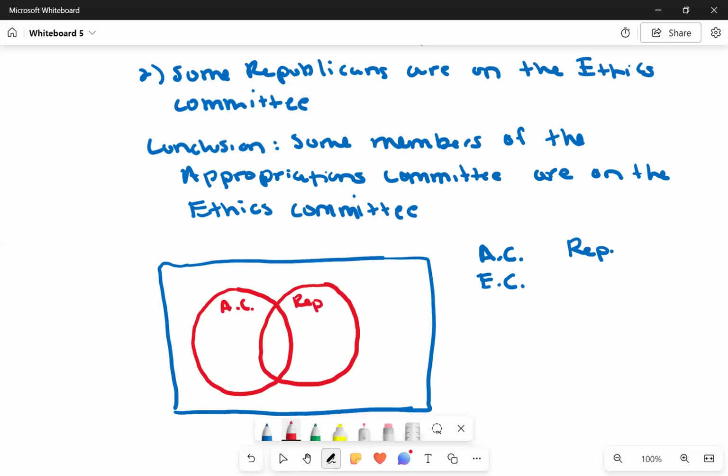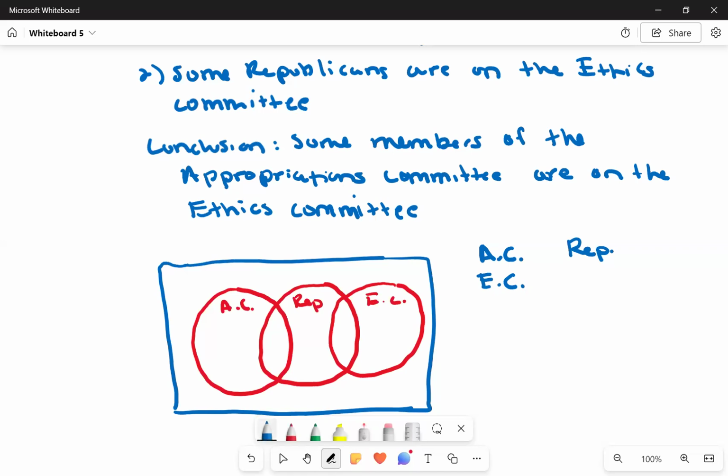The second one, some Republicans are on the Ethics Committee. Now, I could choose to draw the Ethics Committee intersecting both of these, but based on this information, I could draw the Ethics Committee right here as its own separate circle from the Appropriations Committee and allow them to be separate.